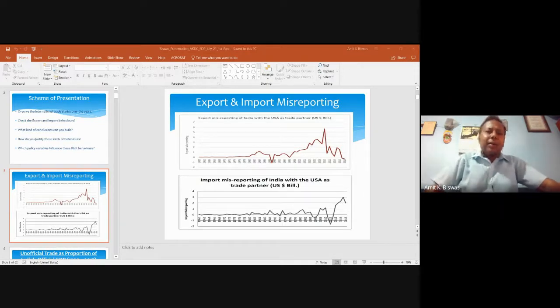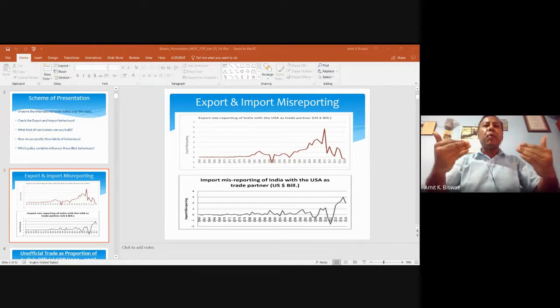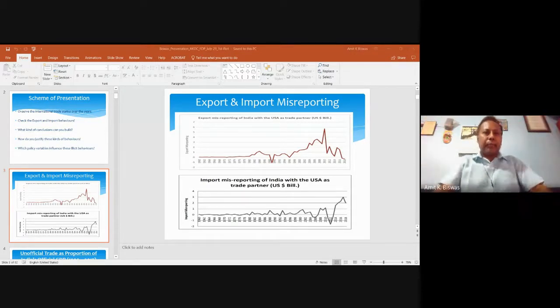So as per the IMF rule, we multiply the value of exports by 1.06 to get the value of imports that will reach the US. In that way, you can have an equivalence of Indian exports by 10 of you to the US imports.